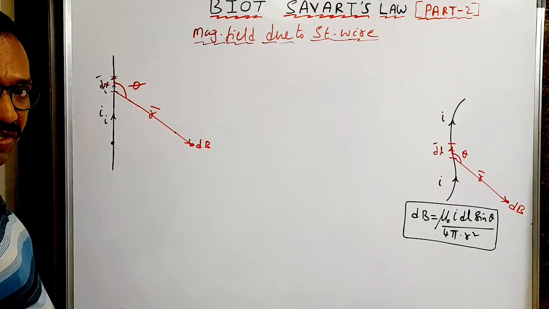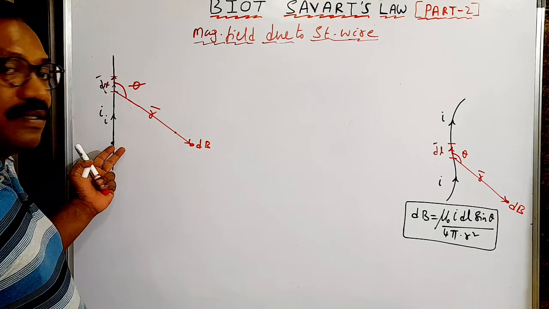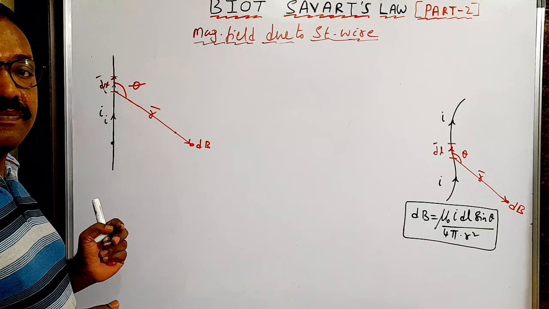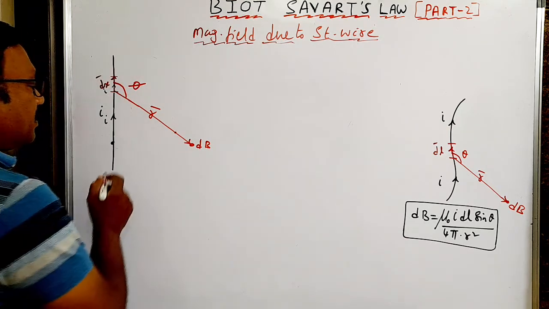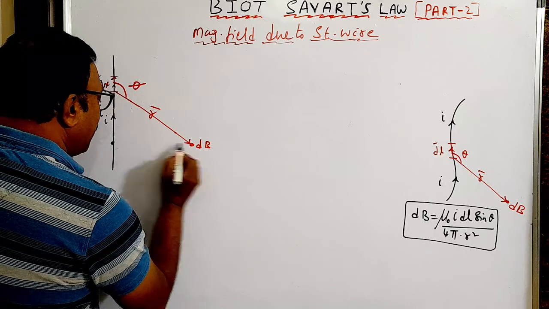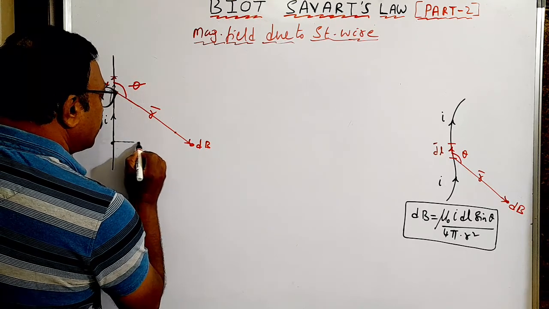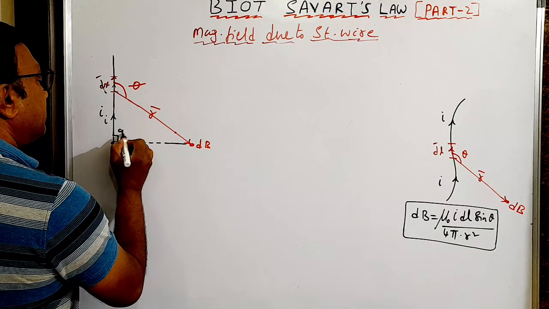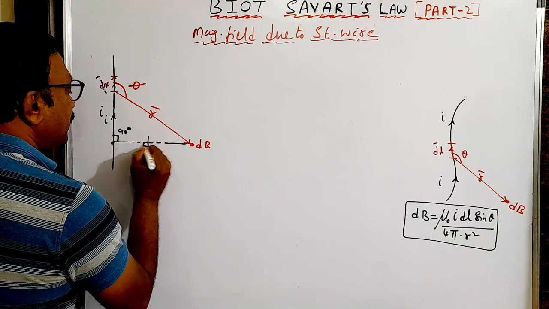Now in this construction part, before we derive the formula for the magnetic field induction due to a straight wire, the construction is to drop a perpendicular here. This is a perpendicular. Let this distance be small d.